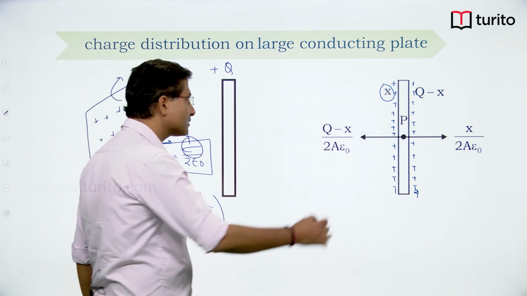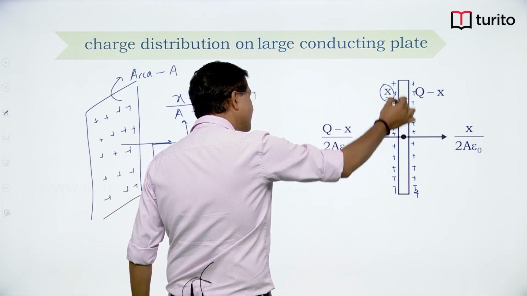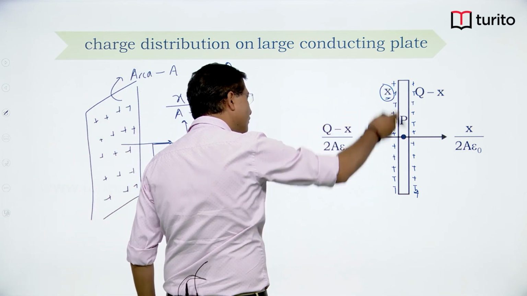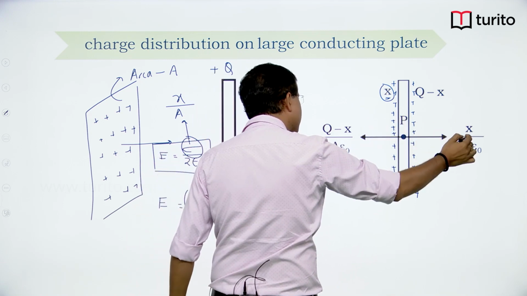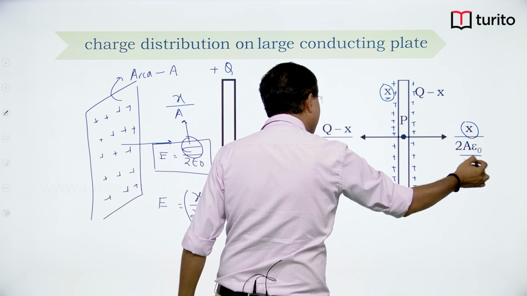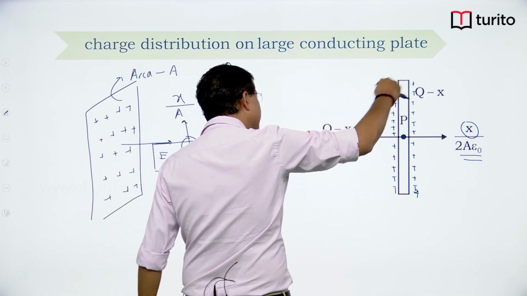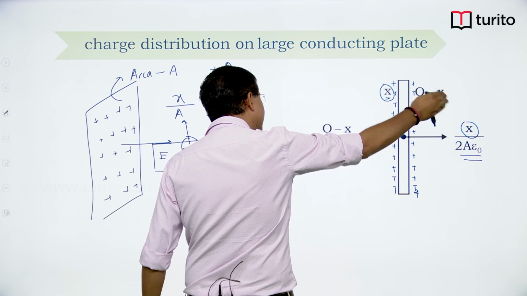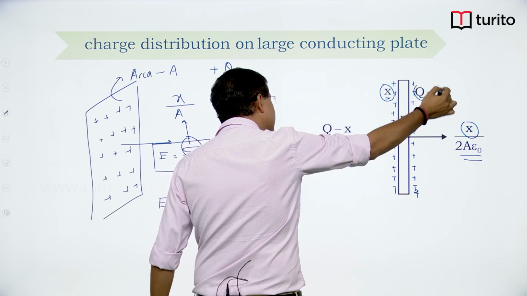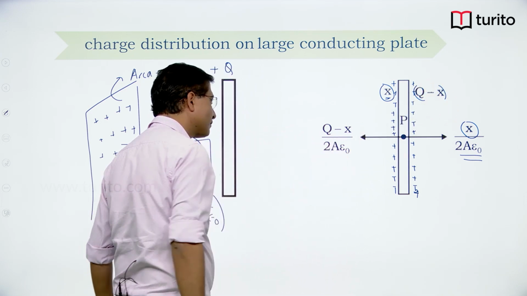Because of this x, the field at this particular point will be away from the distribution in this direction, and that will be x upon 2 epsilon naught. On the other side of the plate, the charge is Q minus x, producing field charge divided by 2 epsilon naught.